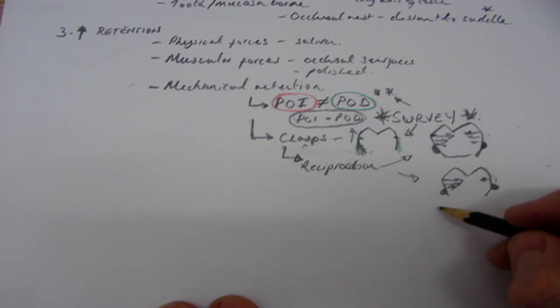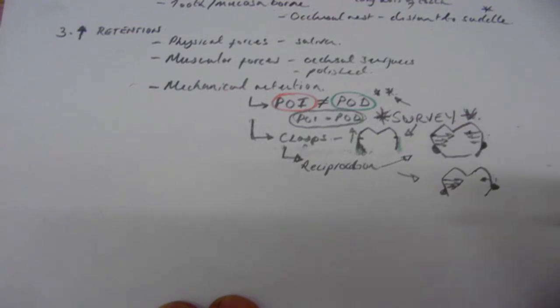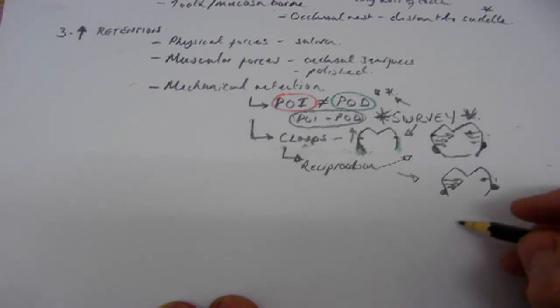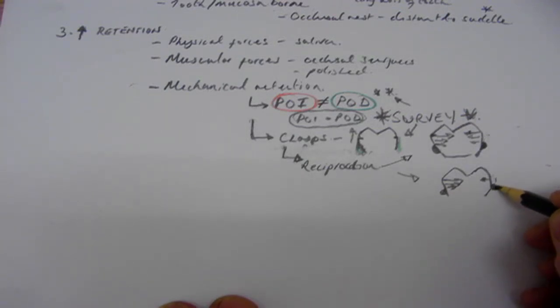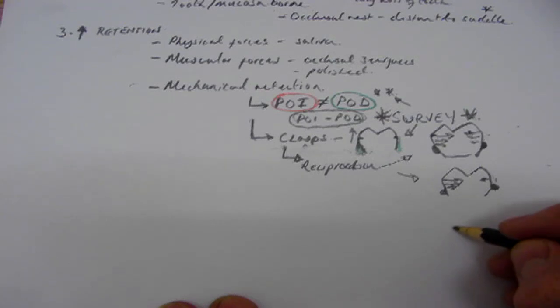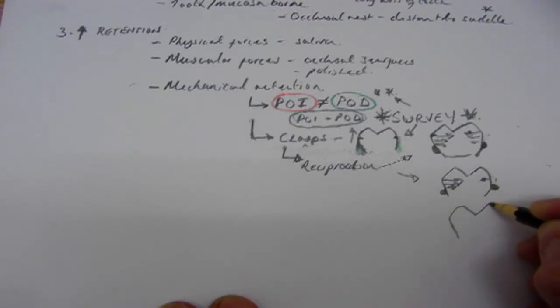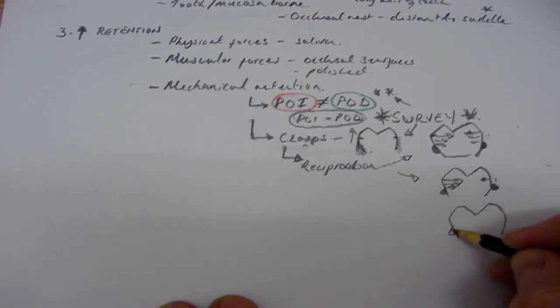And the final reciprocating element that you can design, is rather than having an arm like this, you can design in a plate. So we'd have our tooth, the side that we're going to clasp, and then no preparation required. Got our palatal surface here, so here's our clasp arm.